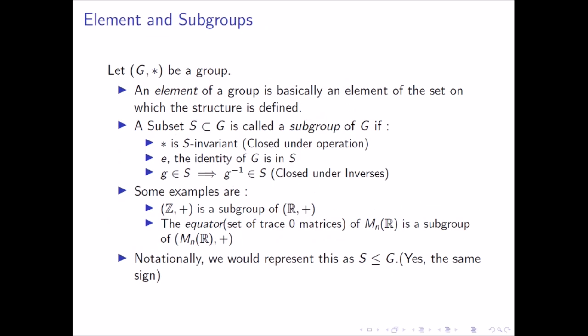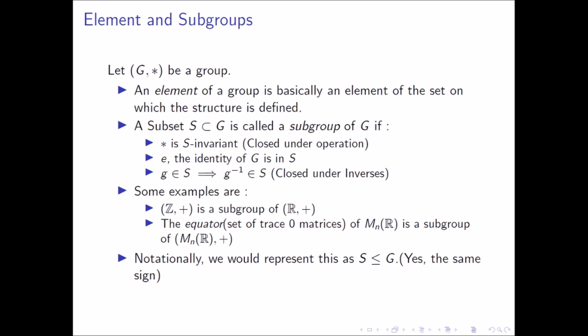An element of a group is basically an element of the set. A subset S of G is called a subgroup of G if the operation star is S-invariant. That is, star is also an operation in S: star defined from S cross S to S, when restricted, is also a function.